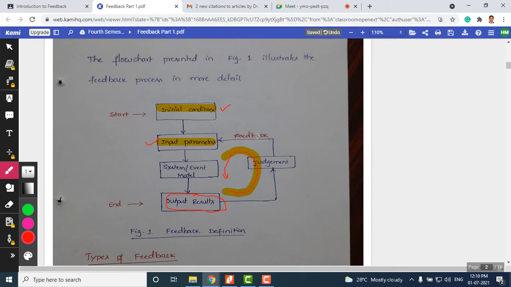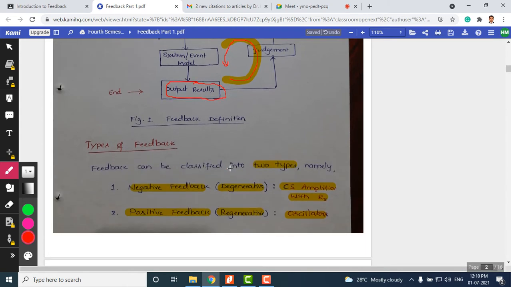We are not going to be specific here whether it is positive feedback or negative feedback. Generally in feedback systems, we see the output, and based on that we make an analysis here whether parameters have to be updated or not. Okay. This is very important in order to improve the system performance. Okay, so whether it is a simple circuit or a complex circuit, this kind of feedback mechanism is followed. Now let me move on to the types of feedback.